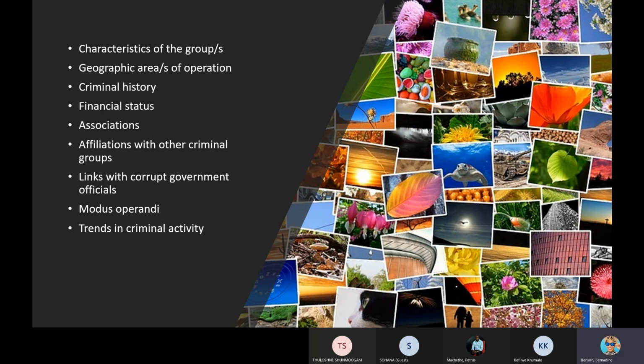We're looking for the characteristics of the group or groups: what geographic areas do they operate in, criminal history associated with a group, their financial status, who do they associate with, what other criminal groups do they affiliate with, do they have any links with corrupt government officials, what is their modus operandi, and what are their trends in criminal activity. So this will give you almost like a framework that frames your collection process. Whatever we do has to be relevant, valid, and accurate.